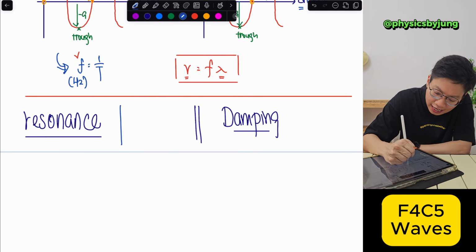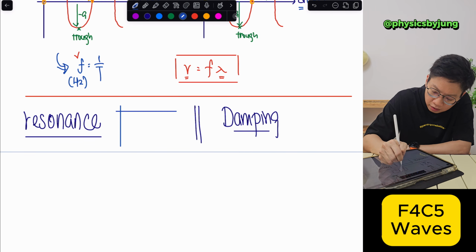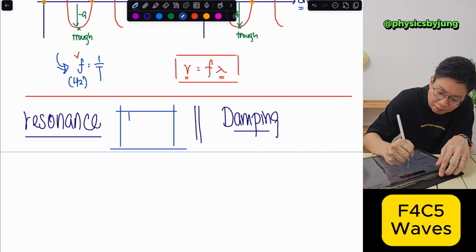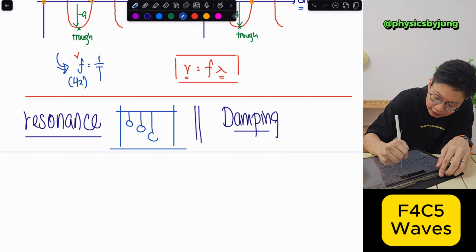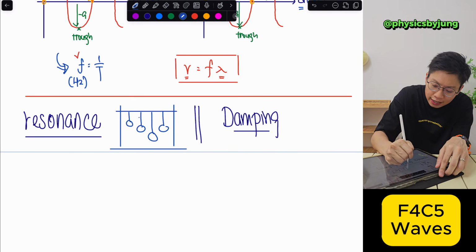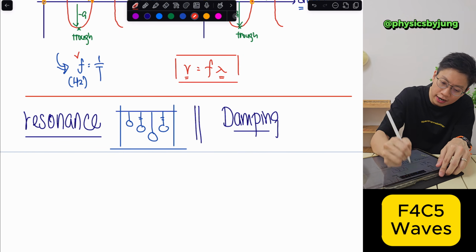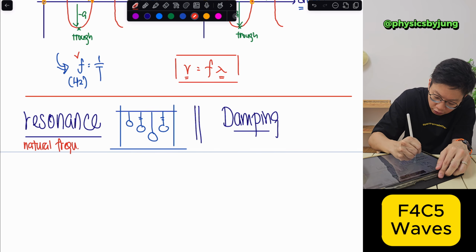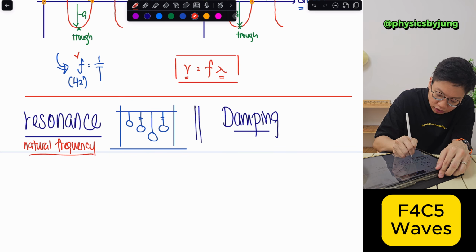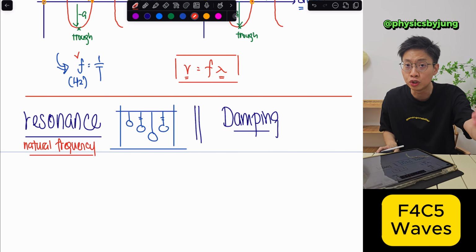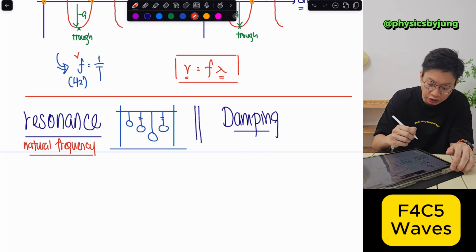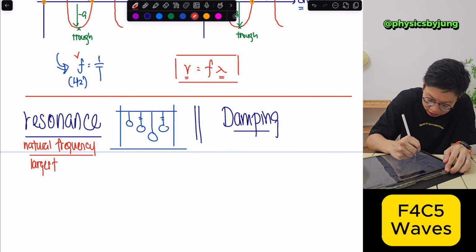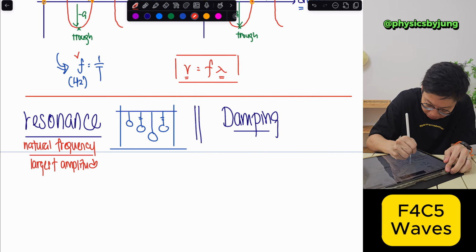Resonance is actually this thing, whereby if you hang different lengths of pendulum, you will realize that the two pendulums that have the same length have the same natural frequency. Therefore, they will be able to transfer maximum energy, so as to allow it to oscillate with the largest amplitude.